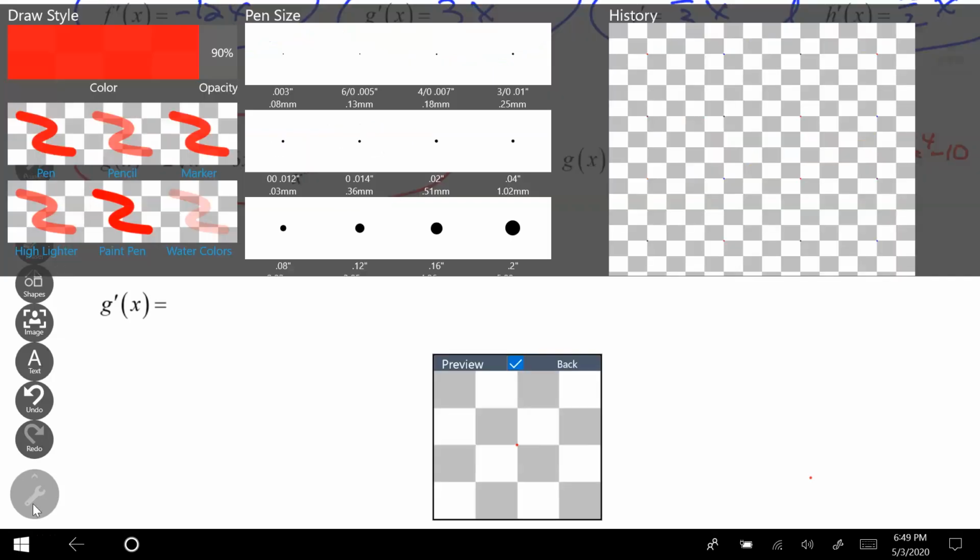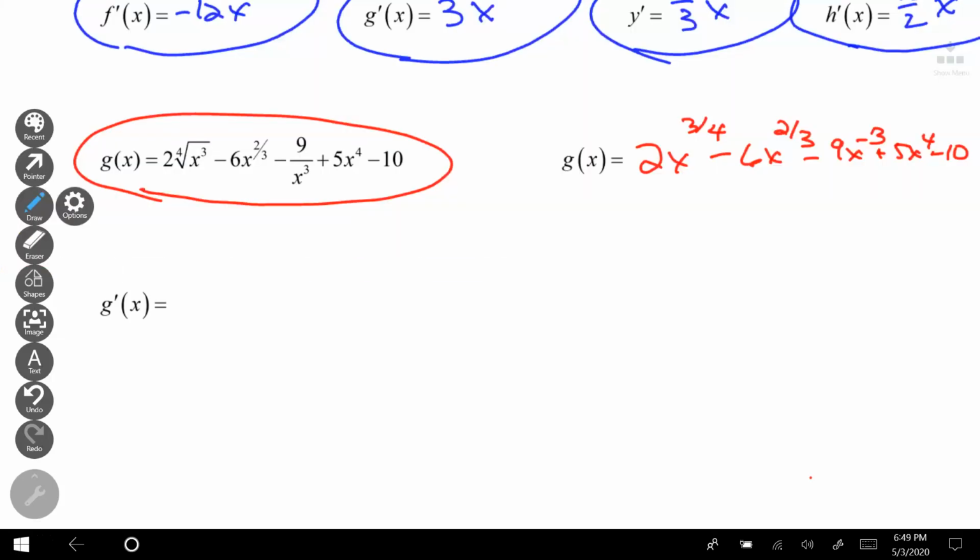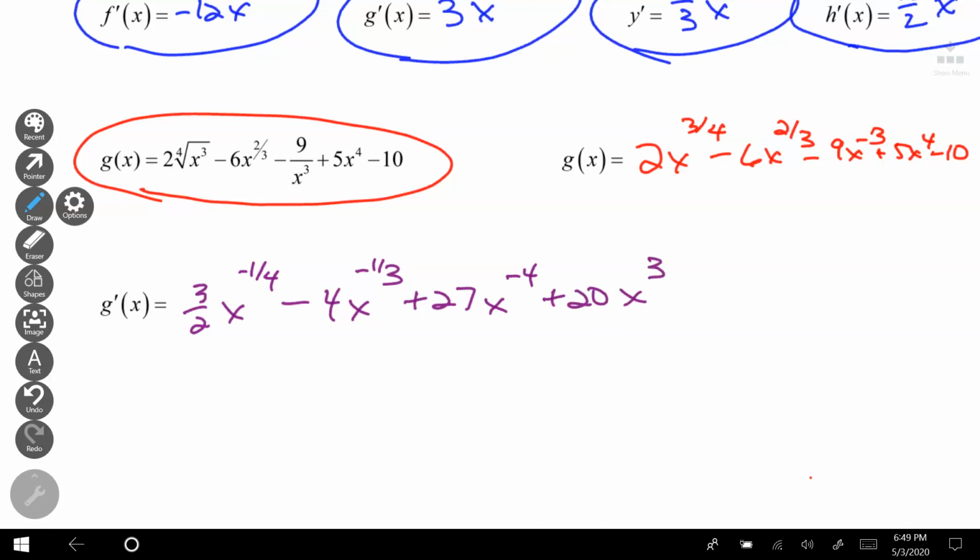And now I'm going to take its derivative, one term at a time. 2 times 3/4 is 3/2. x, 3 minus 4 is negative 1/4. Minus 6 times 2/3 is 4. 2 minus 3 is negative 1/3. It becomes positive 27, x to the negative 4. 5 times 4 is plus 20, x to the 3rd. And the derivative of 10, that last number at the end, is just 0.